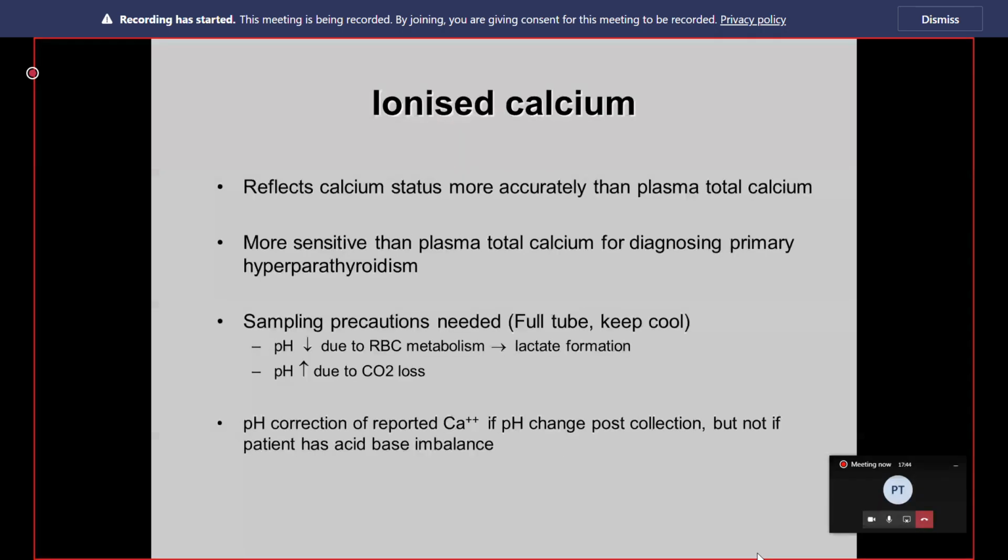As I mentioned, ionized calcium reflects calcium status more accurately because that's the active form. And we found in practice that ionized calcium is more sensitive for diagnosing hypercalcemia and for diagnosing primary hyperparathyroidism.